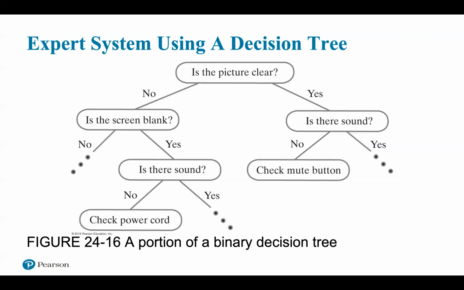Thus, we move along a path in a decision tree from the root to a leaf according to responses made by the user. At each non-leaf, we display a question. When we reach a leaf, we provide a conclusion. Notice that each node in a binary decision tree either has two children or is a leaf.